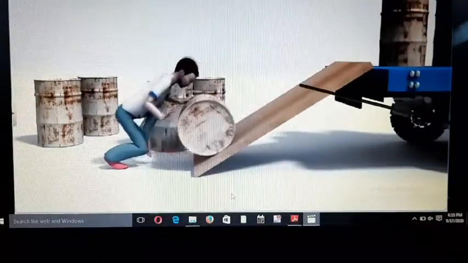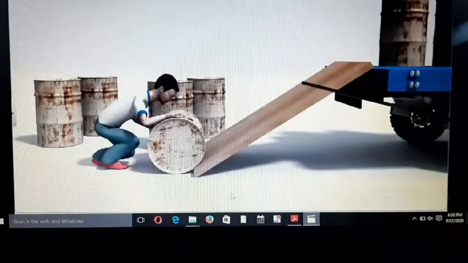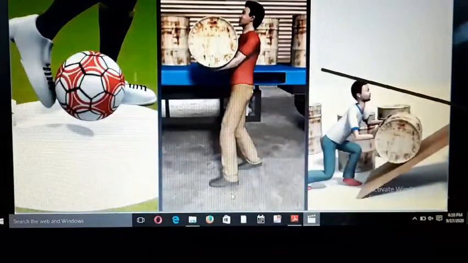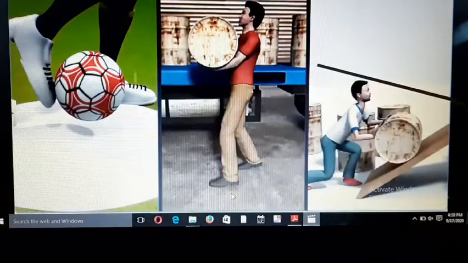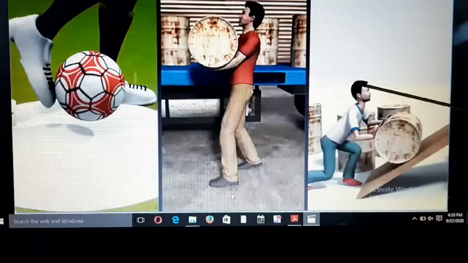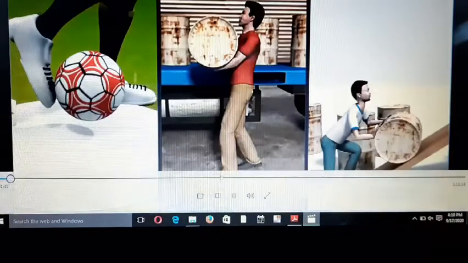Means we apply some force in the opposite direction. Otherwise, this object is moved in the direction of force. This is one type of contact force.